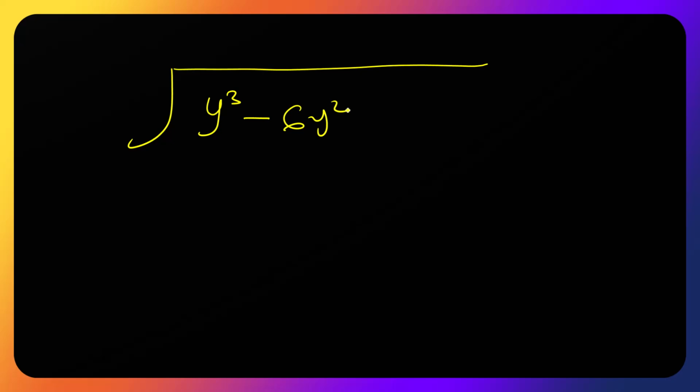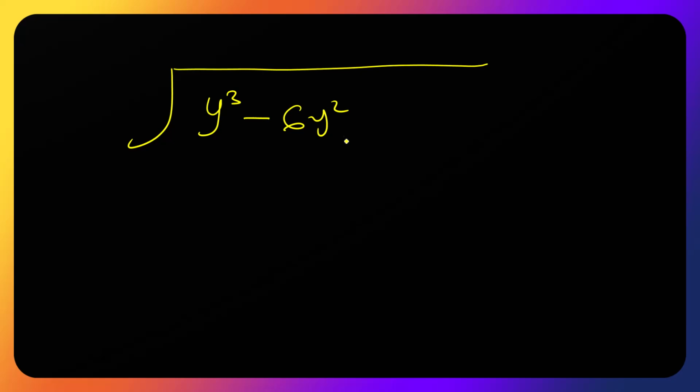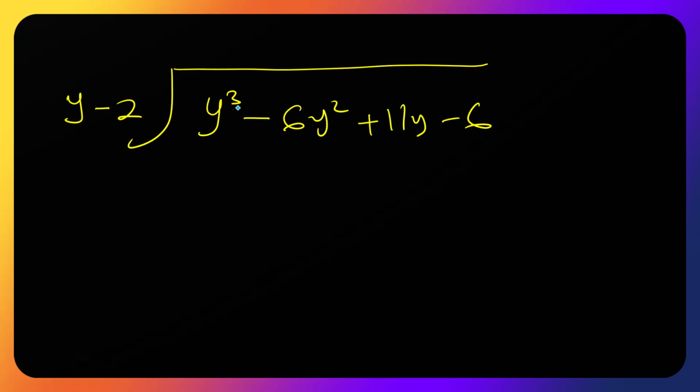So let's do the division here. y cubed minus 6y squared plus 11y minus 6, and we have y minus 2 here. Let's look for the first term: always this one divided by this. So y cubed over y will be y squared.